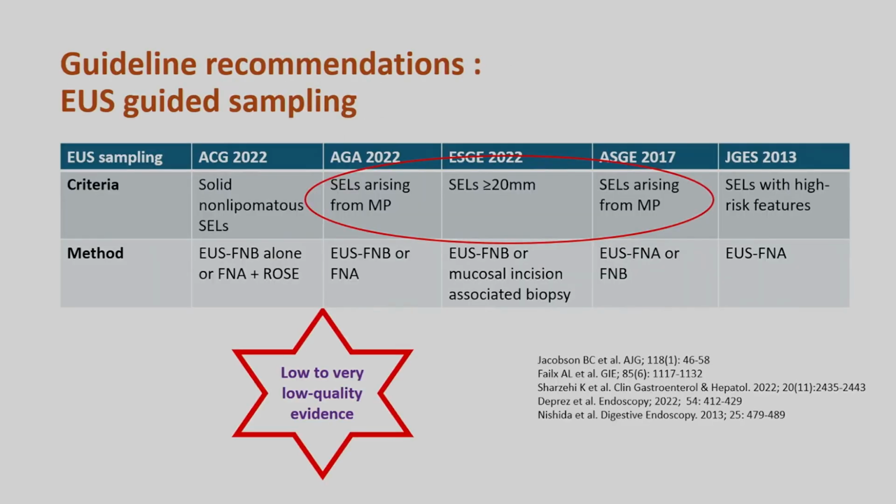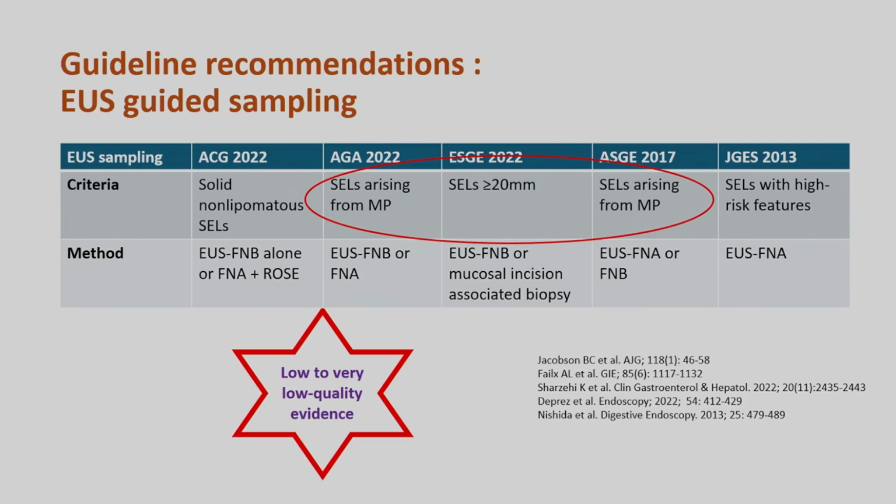What should we be doing for this patient if it comes to you during endoscopy tomorrow? EUS is the diagnostic test of choice, and this is given in various guidelines. There are a plethora of guidelines for this lesion because it's quite common, and a lot of people are confused how to go about them.